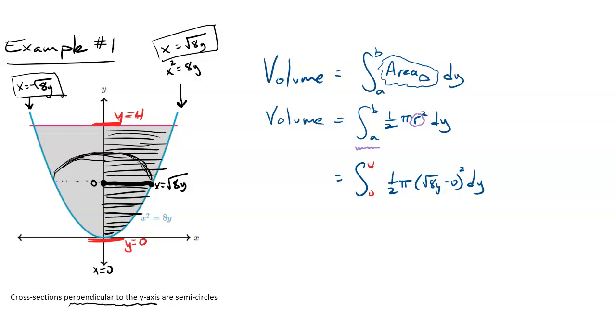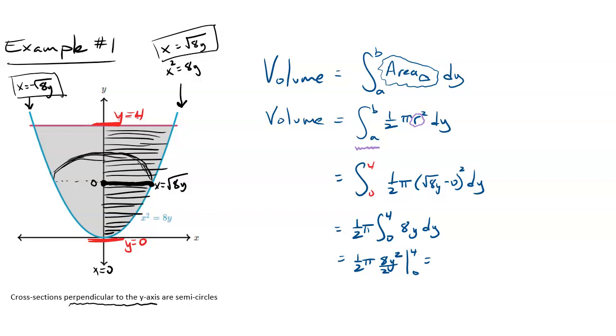And then this is one that we can do exact, like we don't need a calculator. So 1/2 pi I can pull out front because they're just multipliers. Square root of 8y squared would be 8y. And then 8y I can integrate into, add 1 to the power, divide by new power. And instead of writing plus c, I write 0 to 4.